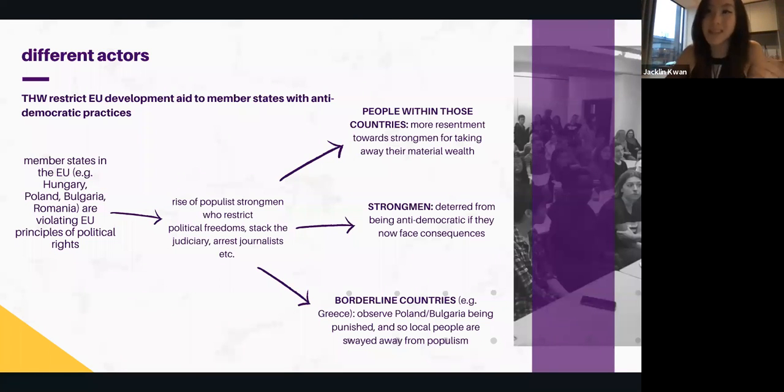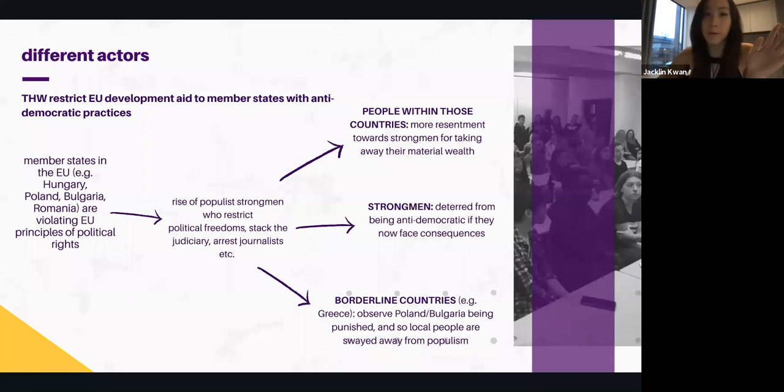So for example, Greece, it's kind of becoming a little bit bad, but not quite to the extent of Poland, Bulgaria, or Romania. You can say that countries like Greece probably also get better. They observe Poland and Bulgaria being punished. And so local people know the consequences, are swayed away from populism because this looks like it could be their future. So by identifying different actors, you can also see how the problem is made better.